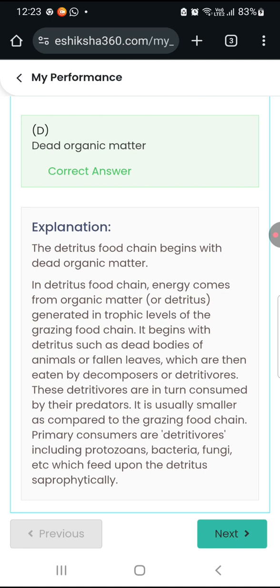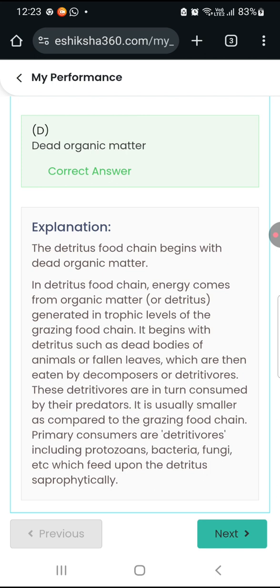It begins with detritus such as dead bodies of animals or fallen leaves, which are then eaten by decomposers or detritivores. These detritivores are in turn consumed by their predators.